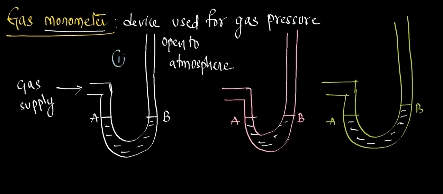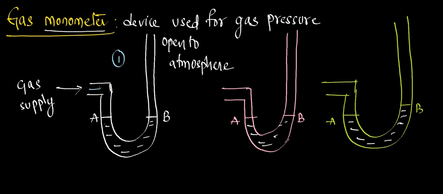See case one. You don't see any ups and downs in the levels of A and B. Between A and B we have filled some liquid, right? It is exactly at point A and point B. There is no up and down. So what does it mean?